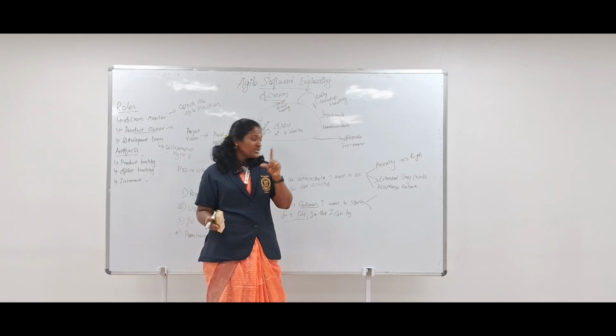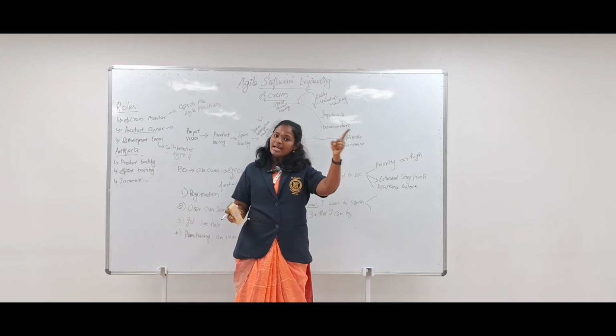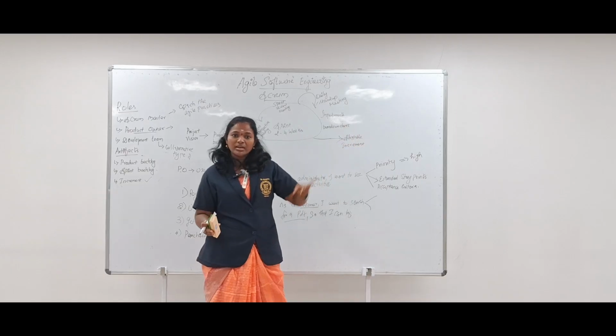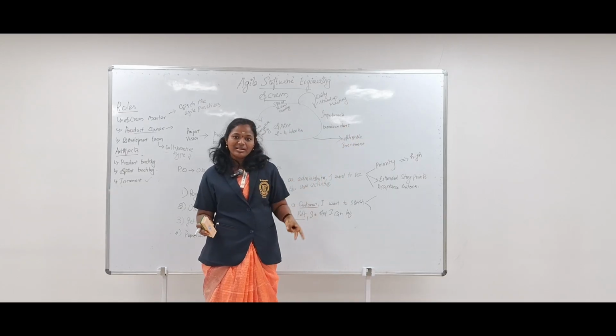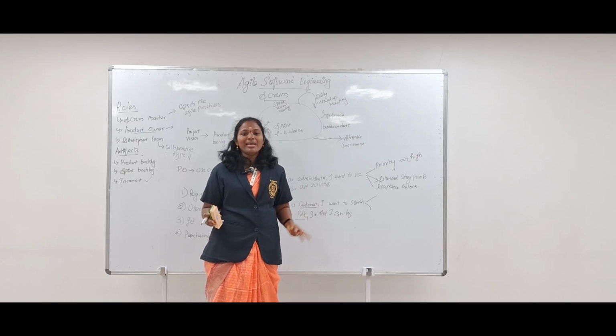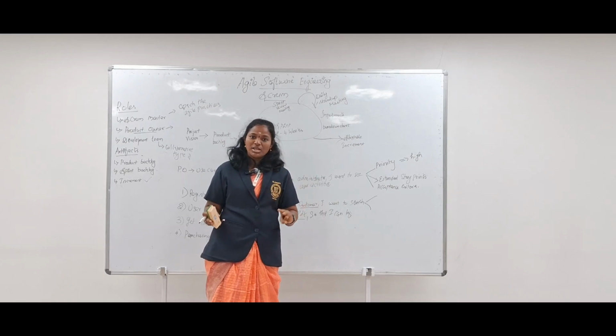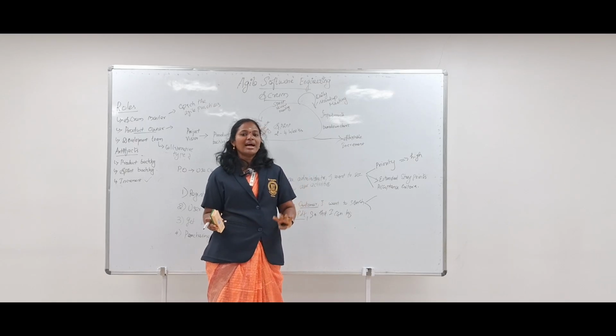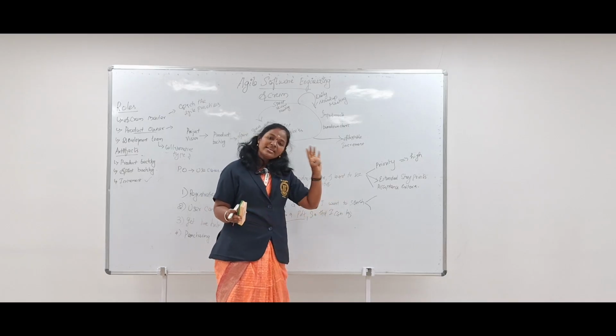That's one acceptance criterion. The second acceptance criterion is the email ID: if they provide an email ID, you have to send a confirmation email, and only after the confirmation email is received can we say that it is a properly registered user.